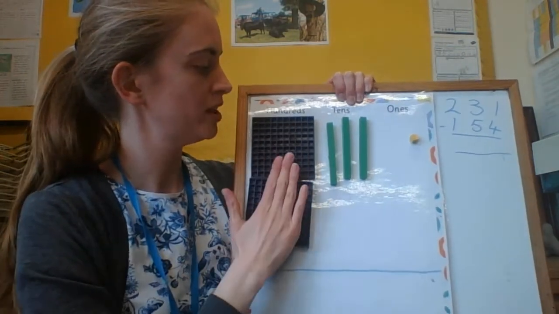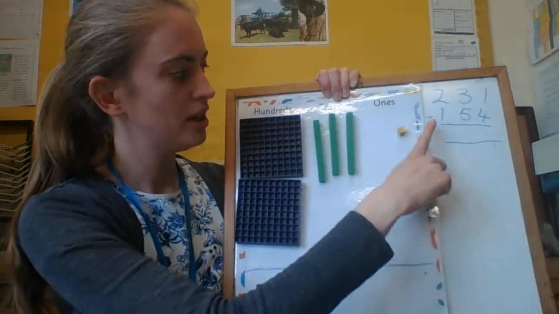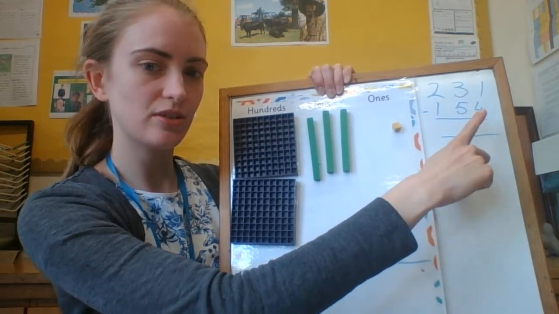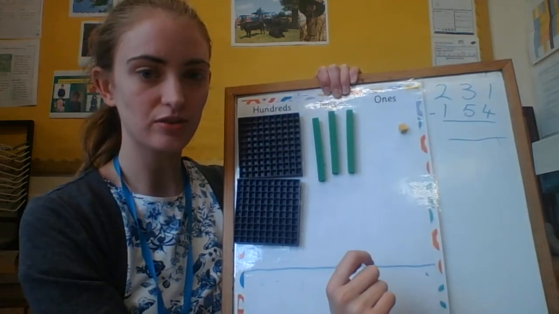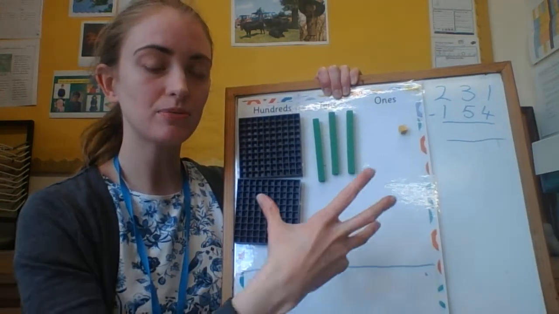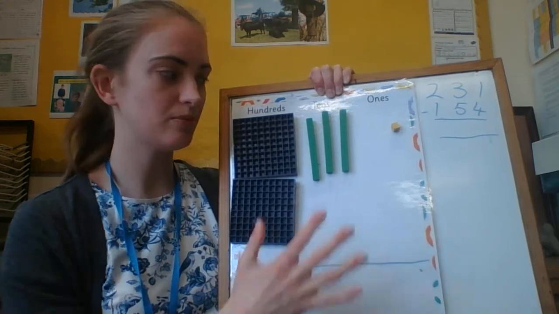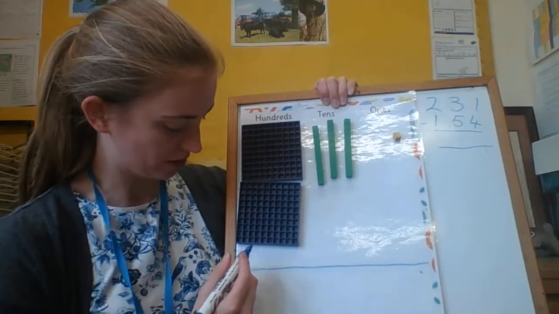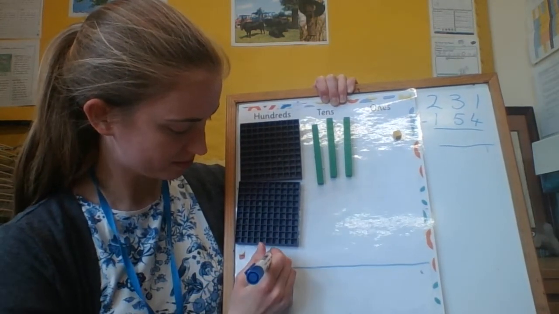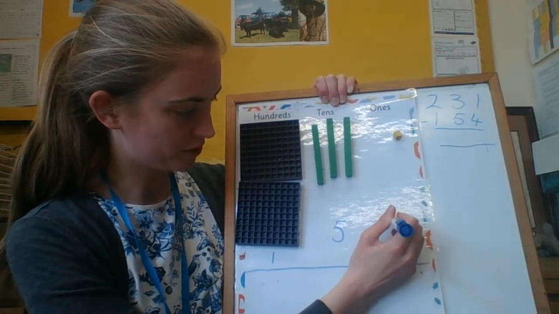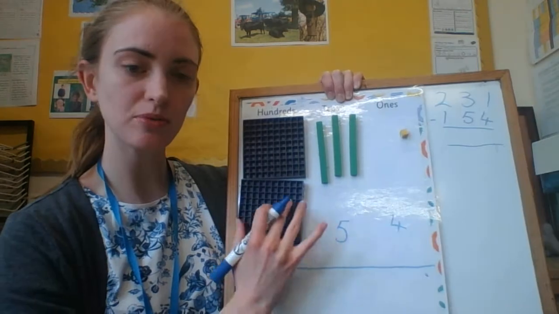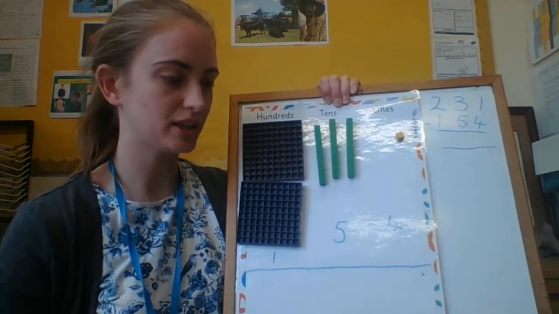There we go. 231. And I want to subtract 154. Now, I'm not going to make 154 because that's what I'm taking away. I want to take that number away from these. So I'm just going to write subtract 154 like that, to remind myself what I am subtracting.